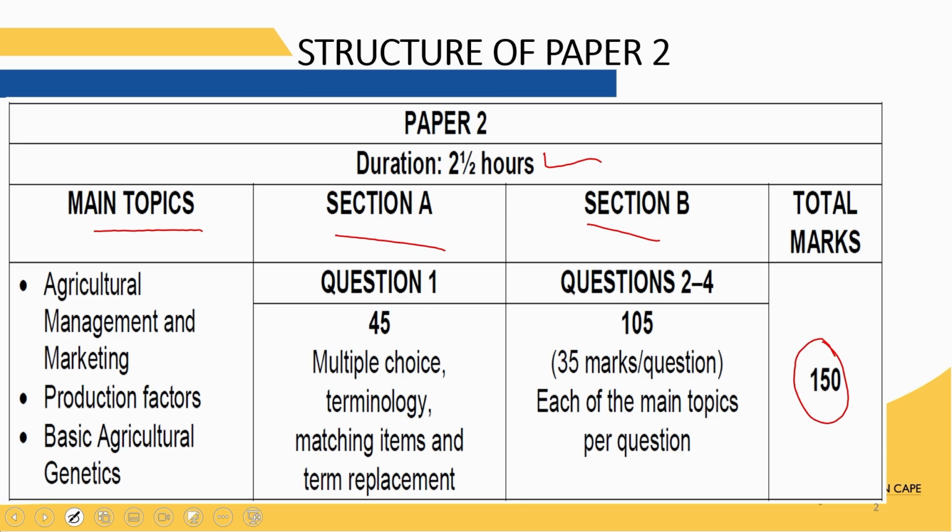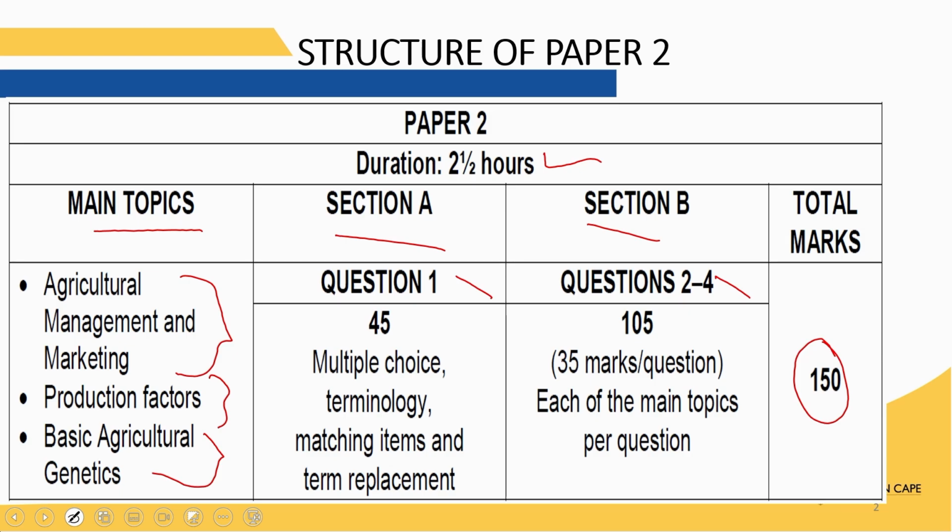So we've got question 1, which is in section A, and question 2 and question 4 in section B. The main topics: we've got agricultural management and marketing, which is our question 2. We've got production factors, which is our question 3, and also basic agricultural genetics, which is our question 4.